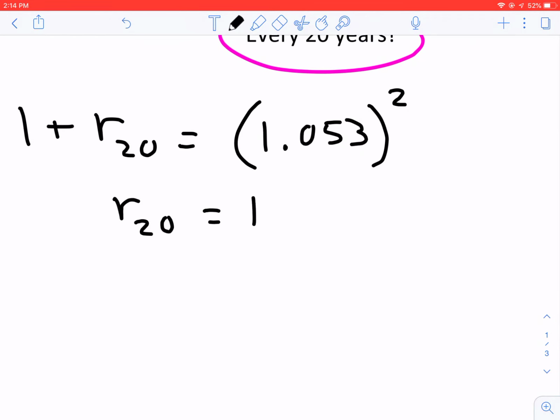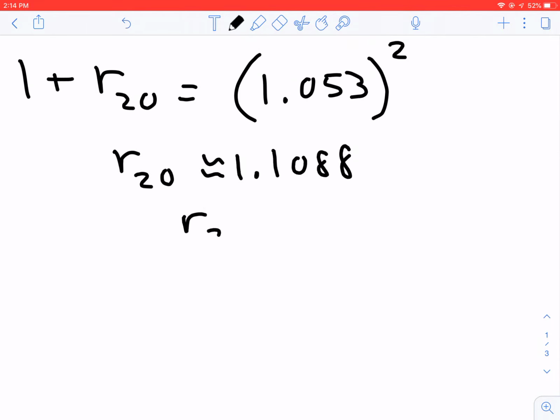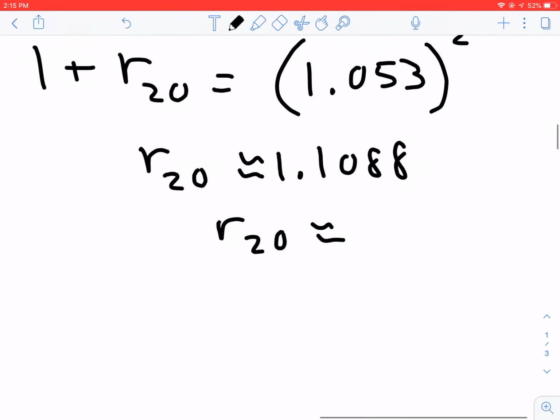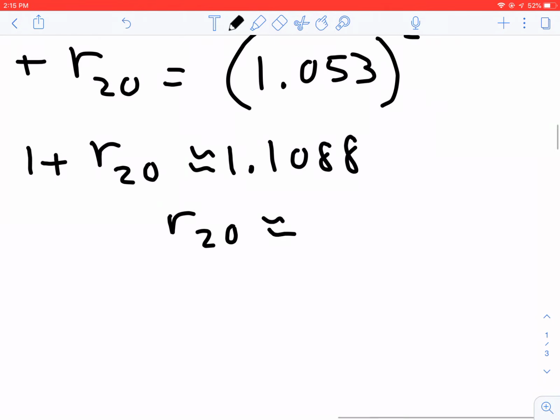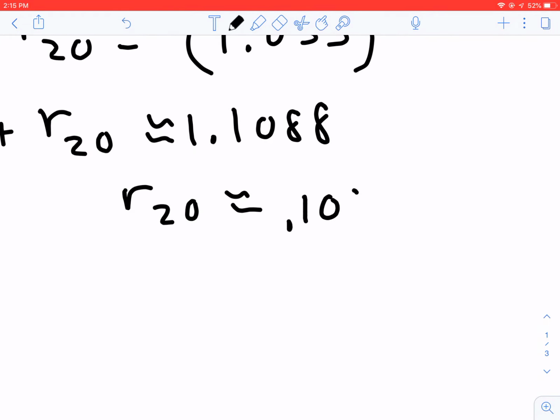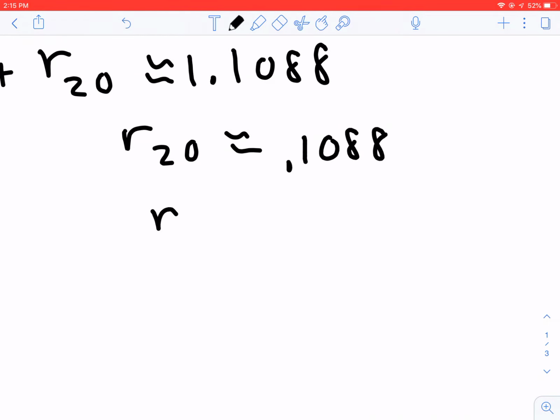That should be about 1.1088, or in other words, about 1 plus r sub 20. So the 20-year growth rate is 0.1088, rounding to the nearest tenth. That's going to be around 10.9%.